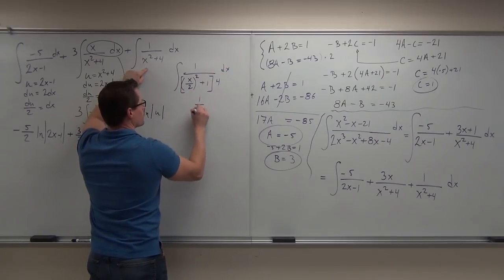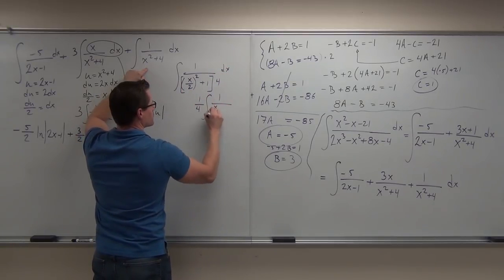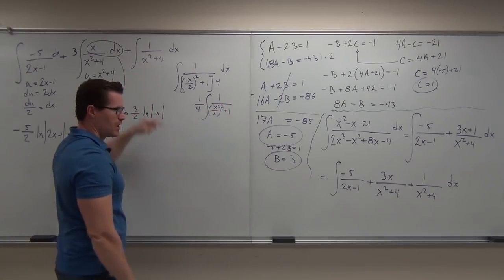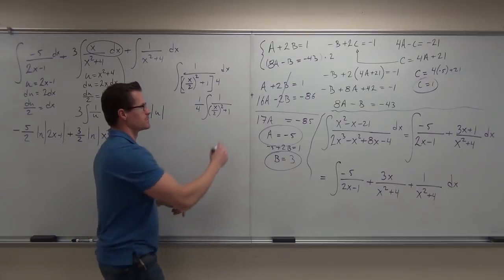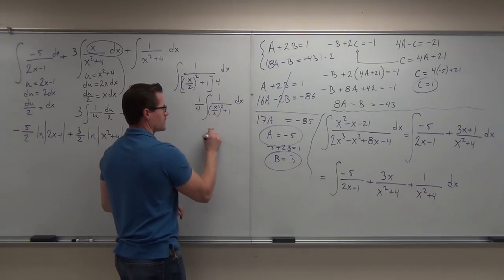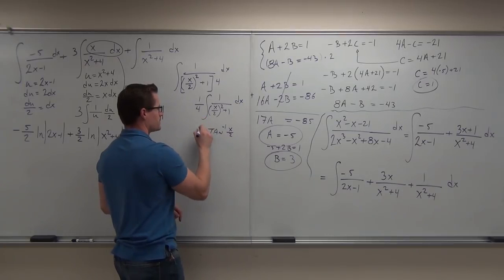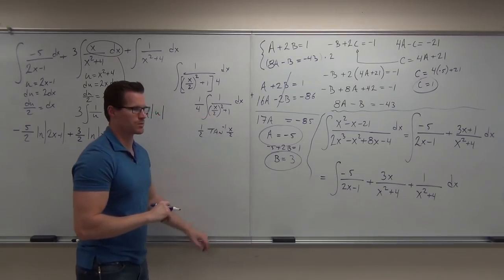That would be 1/4 the integral of 1 over x over 2 squared plus 1. And then you realize that's tan inverse. And you go, oh, look at that. That's tan inverse x over 2 times 1/2, because you have a little u sub there.